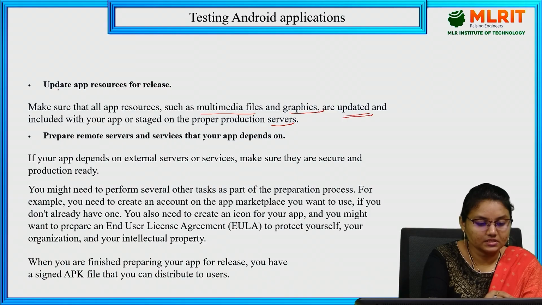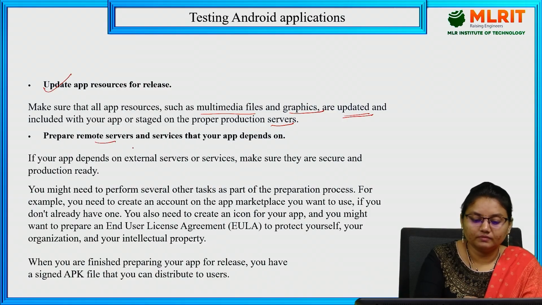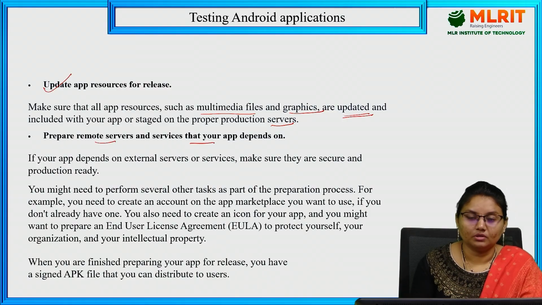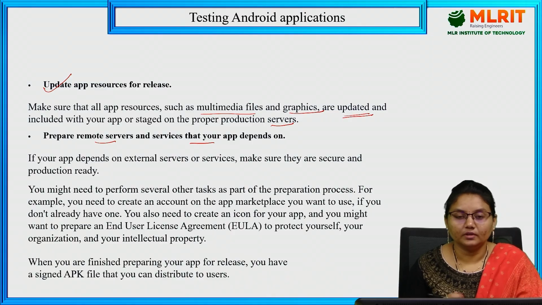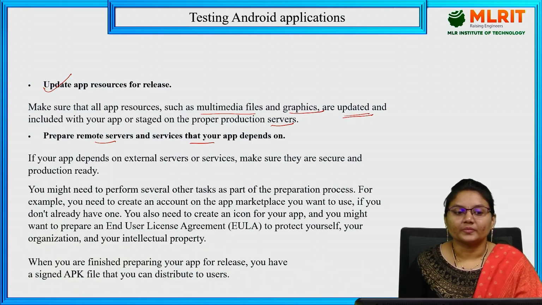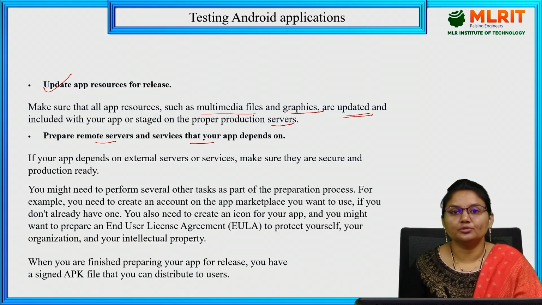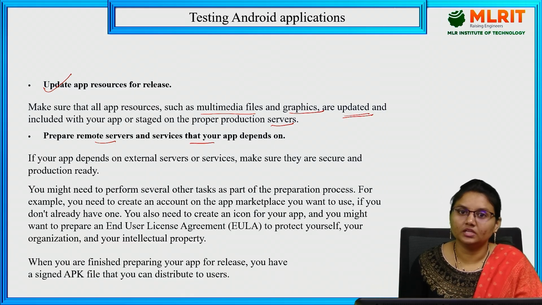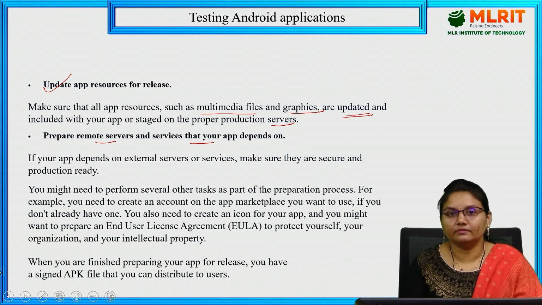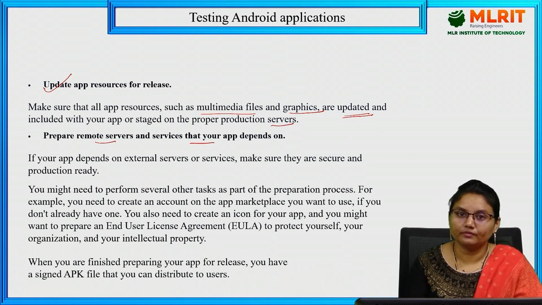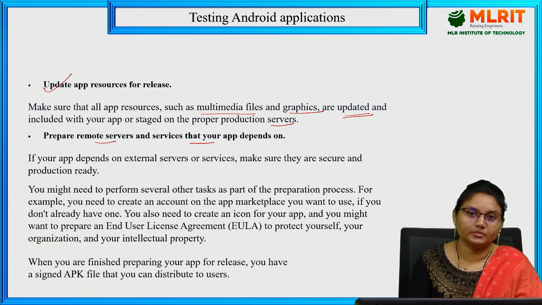Once that is updated, prepare the remote servers and services that your app depends on. If your application needs dynamic values, such as which user and which password he has defined, that data needs to be stored on a server, and you have to retrieve the user's data from Firebase or from the database.